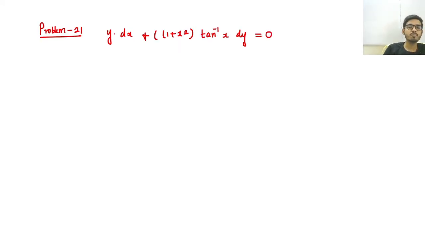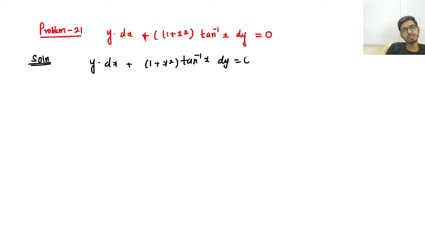So we move on to 21. So we have y into dx plus 1 plus x square tan inverse x dy is equal to 0.